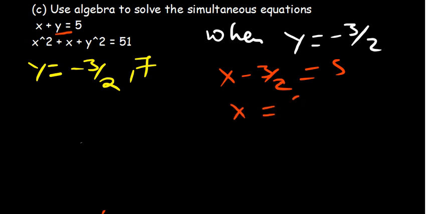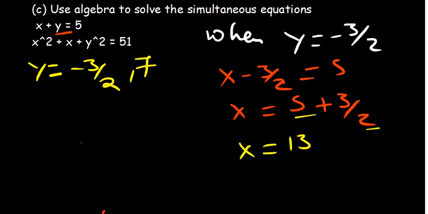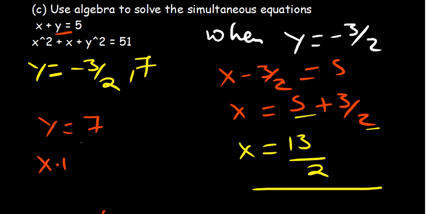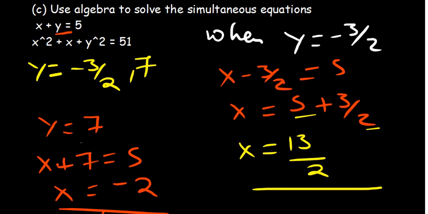So x is equal to 5 plus 3 over 2. 5 multiplied by 2 is 10, plus 3 is 13, so x is 13 over 2. Then when y is equal to 7, x plus 7 is equal to 5. x is going to be 5 minus 7, which is minus 2. So we've solved these simultaneous equations.